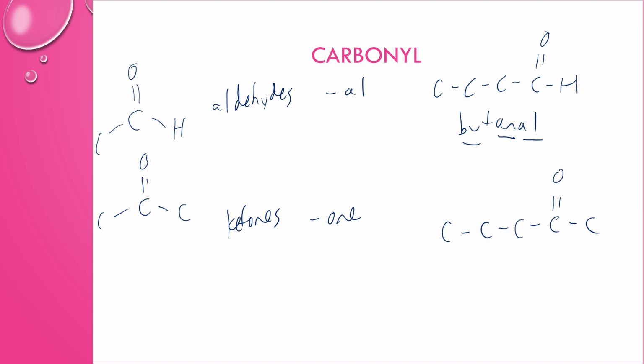But I need to be specific because this ketone might be different from this ketone, right? So you need to be very specific in your naming. So this would be pentane because it's single bonds, 2-one, pentan-2-one. Remember, you always number the carbon from whichever side is closest to that functional group. So pentan-2-one.